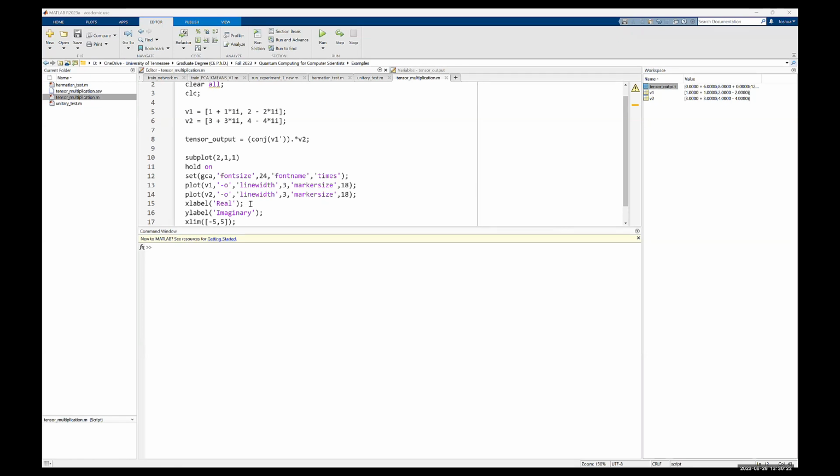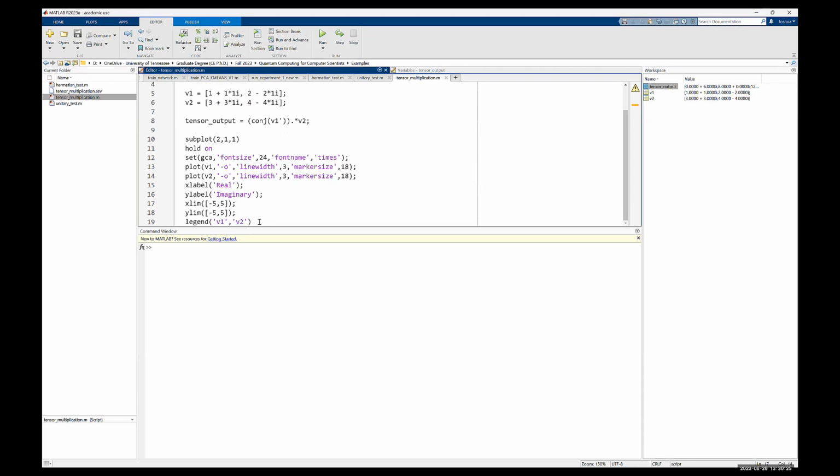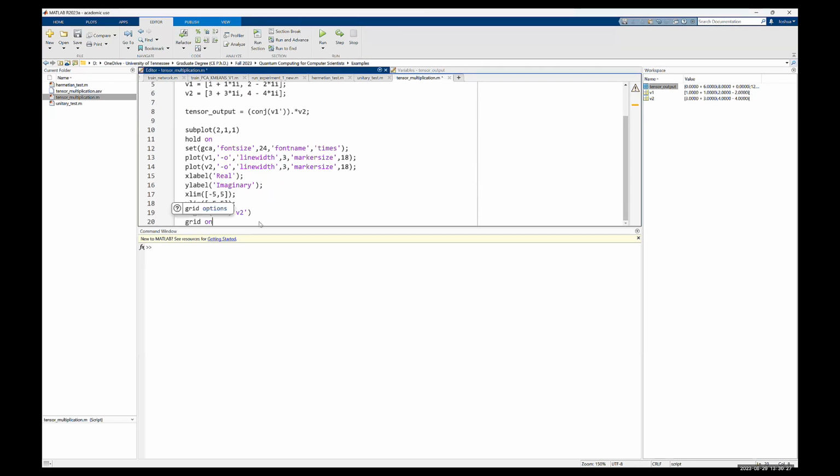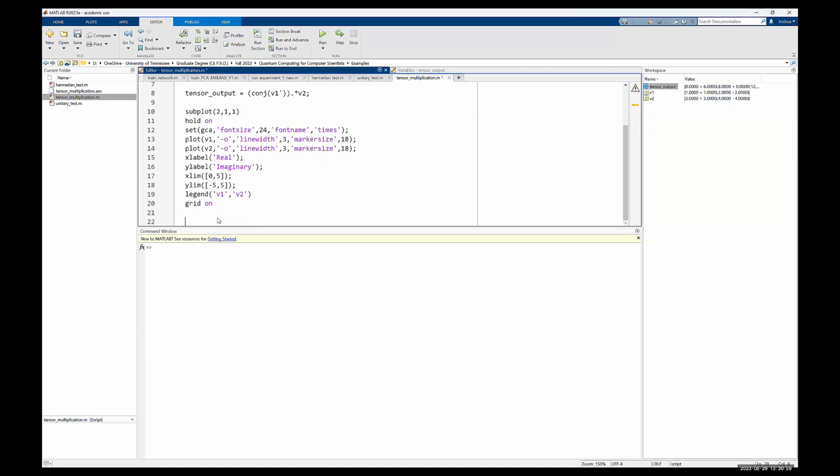So those are our two vectors. What's the vector? The x limit is 0. Okay, so we've got the v1 vector there and the v2 vector. Can you plot it?